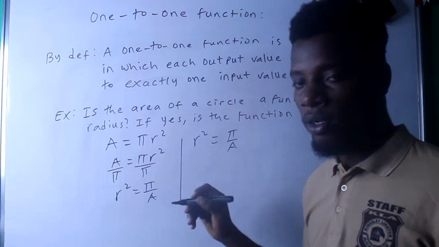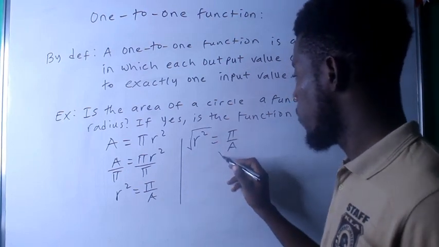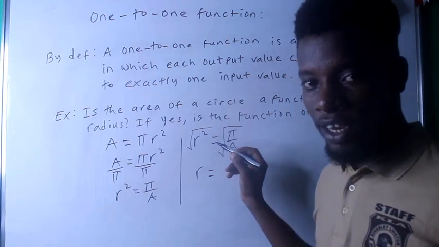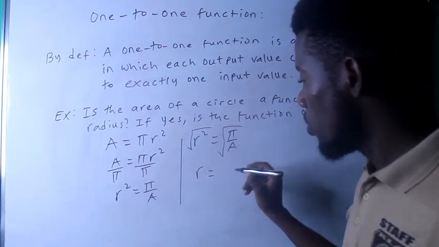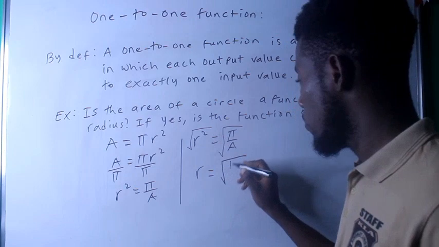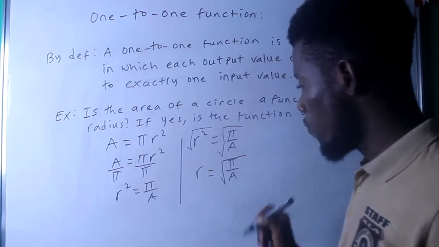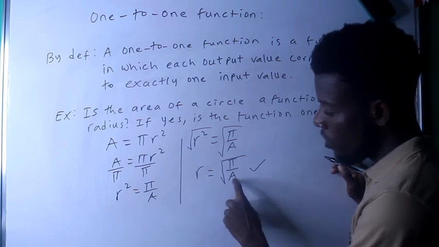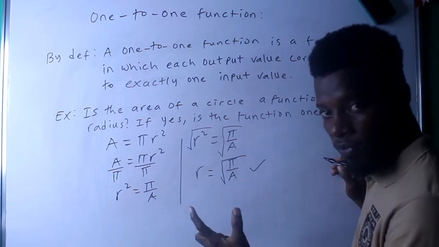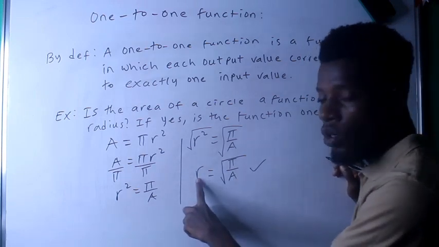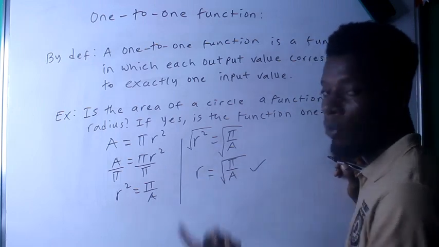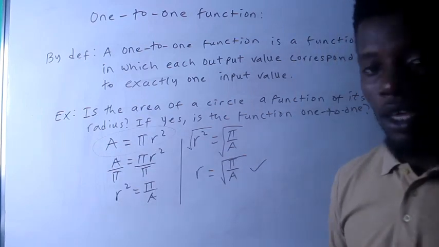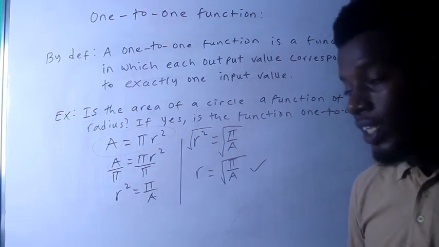To solve for r, we take the square root on both sides, and r equals, now you cannot take positive or negative because the radius cannot be negative, so we only take the positive value for the radius, the square root of A over pi. Because for every single value of the area, there will be only one value of the radius, which will be that positive value, we say that this particular function is a one-to-one function, and that's how we do it.